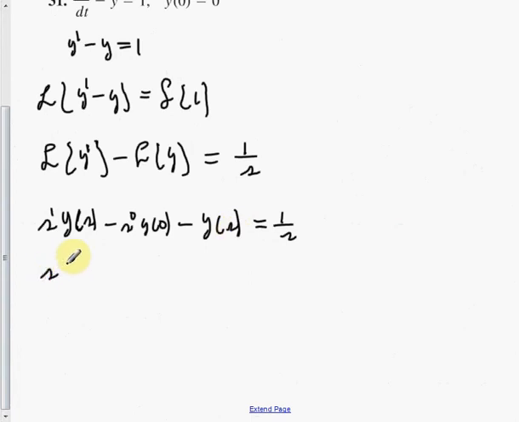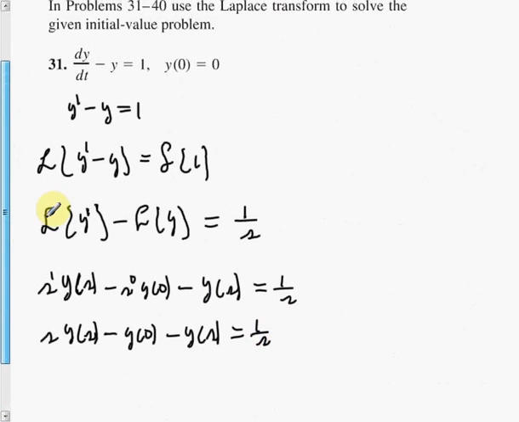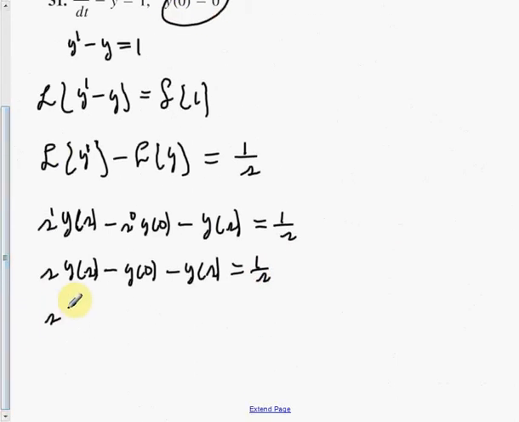So this is s times Y of s minus this y of 0, minus Y of s is equal to 1 over s. Well, they give us that initial condition, y of 0 is equal to 0. So this is s times Y of s minus Y of s is equal to 1 over s.